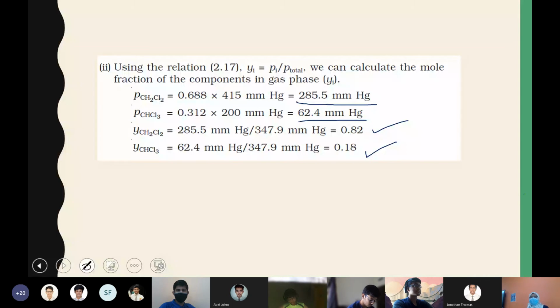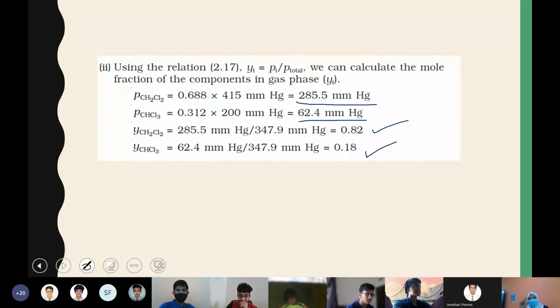Here dichloromethane is the solvent that was 40 gram and chloroform was 25.5 gram. That is the solute. That is why, instead of writing 1 and 2, they always write dichloromethane first, then chloroform.